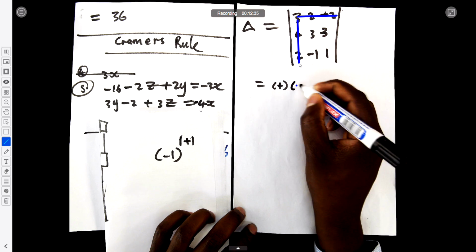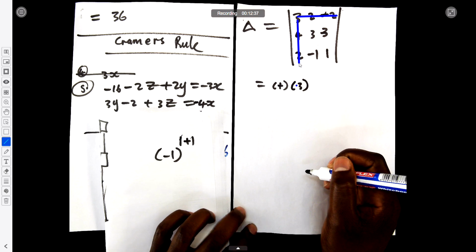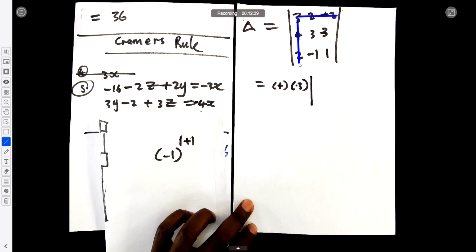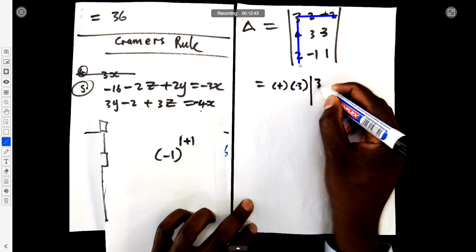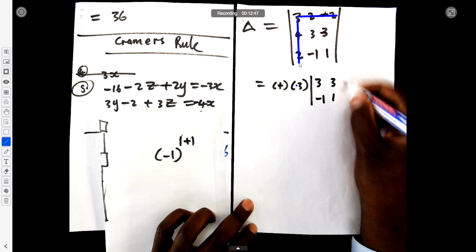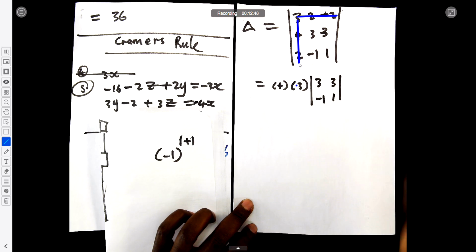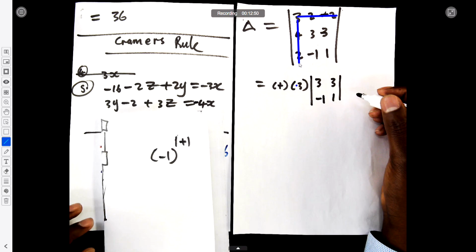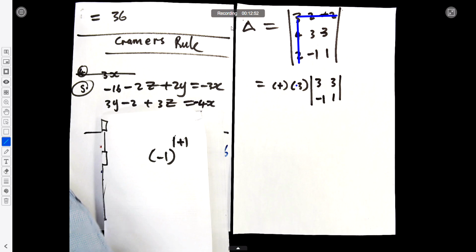And we must multiply by element 3 and its minor. So I hope you see the elements which are left out there: 3, minus 1, and 3 and 1. We move on to the second evaluation.